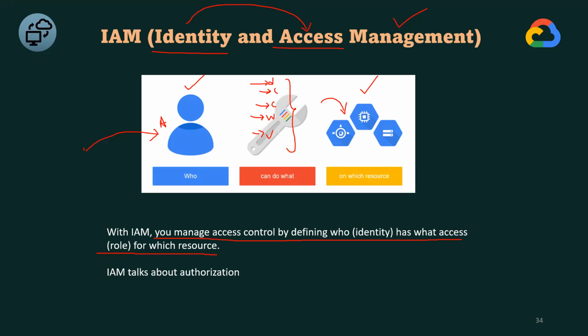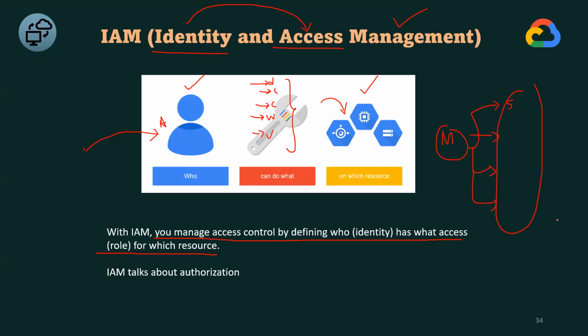Authorization means you make someone authorized. For example, in my team I have 5 members, and the manager says these 5 are authorized to work on this project. But do you think just by the manager saying so, you get access to Google Cloud?